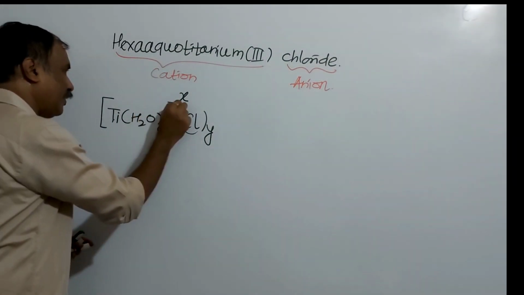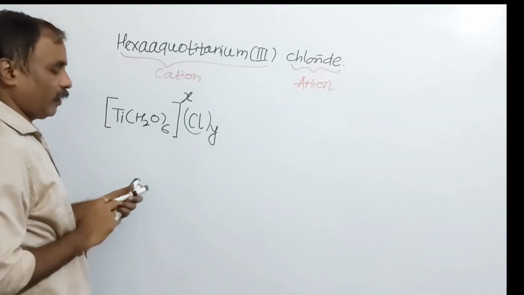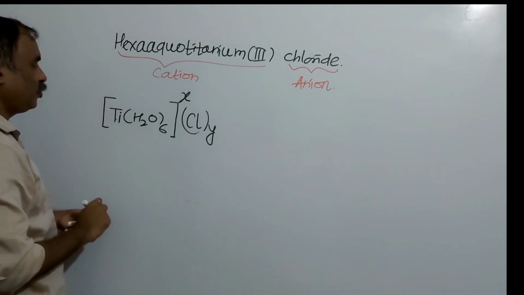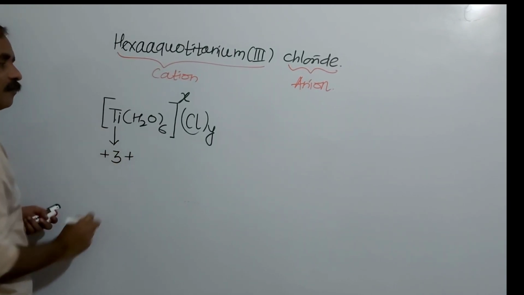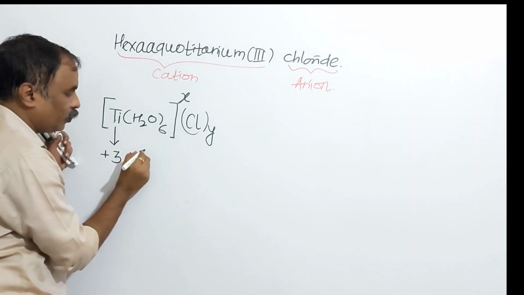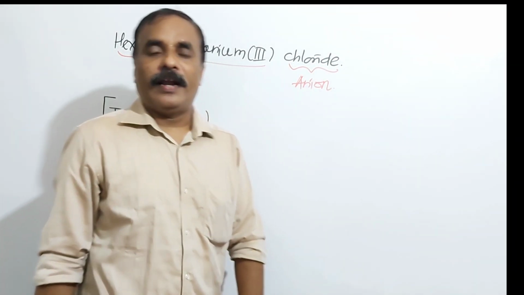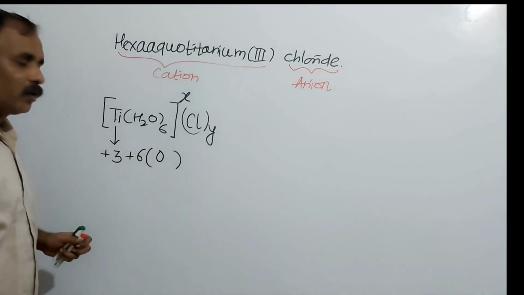So first calculate x. First we have to calculate the charge on this square bracket. For this, the oxidation number of titanium is given here, plus 3, plus 6 into 0, because water is a neutral ligand and carries a null charge, equals x.